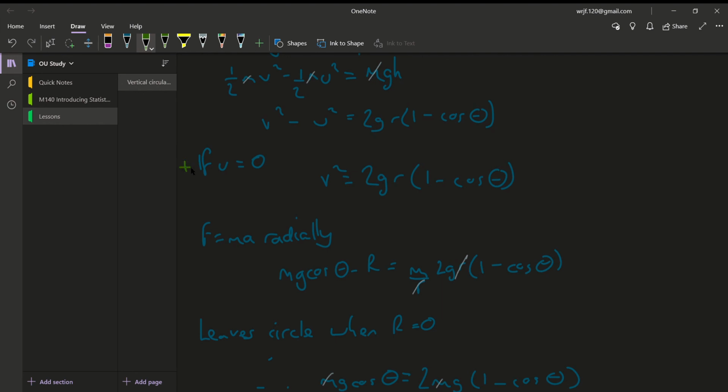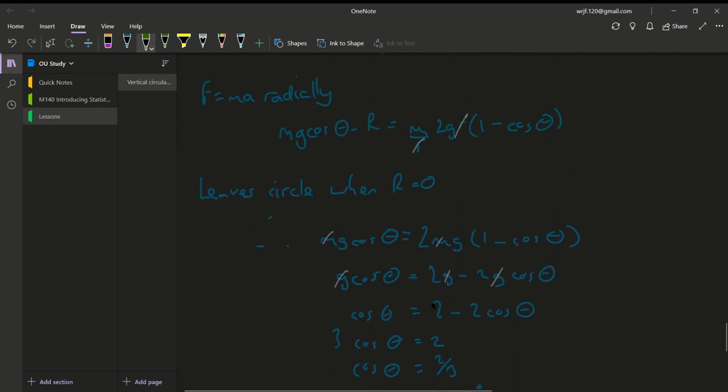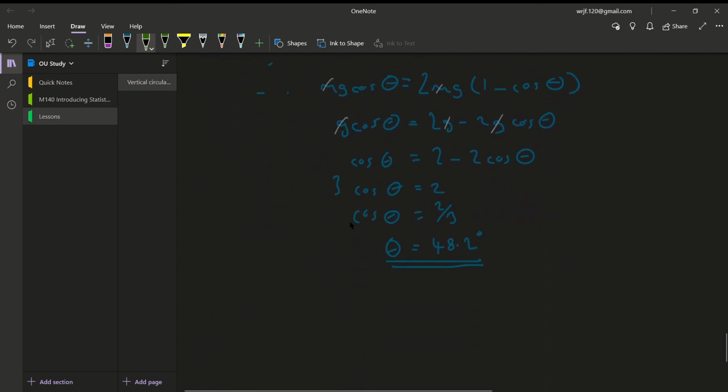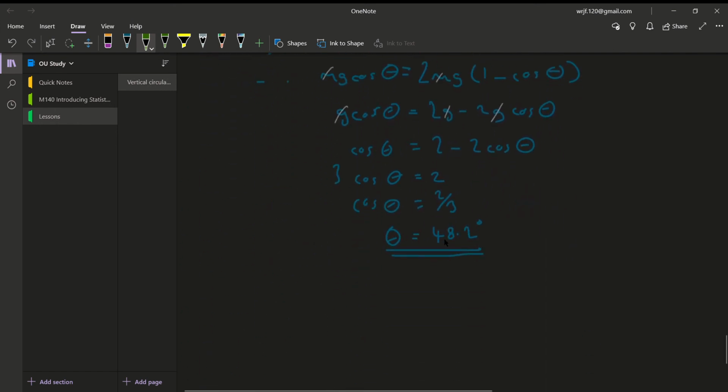The result we've just established will change if you give it some speed at the top of the circle. We'll end up with a different angle. But in that kind of situation, regardless of the size of the circle or the mass of the object, it will always leave contact with the surface on the outside there at an angle of 48.2 degrees.